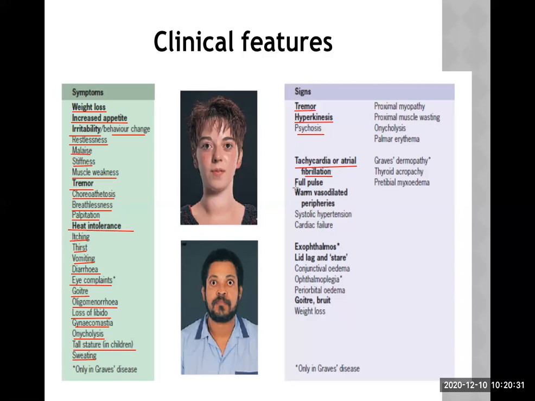Full pulse means bounding pulse, or high volume pulse, because hyperthyroidism is hyperdynamic circulation, so full pulse is there. When we palpate the periphery, they are warm because of vasodilation. They feel quite warm. Now, one clinical association I like to highlight immediately here.